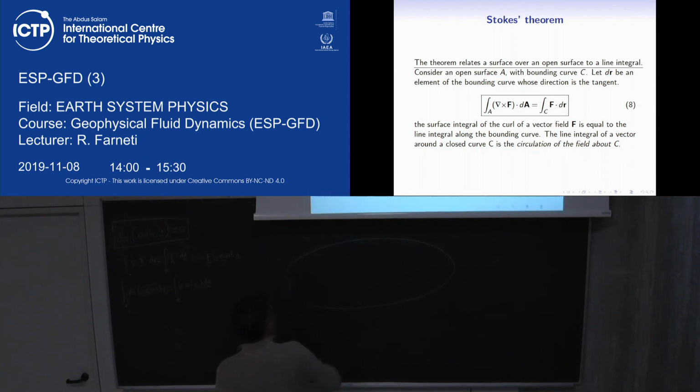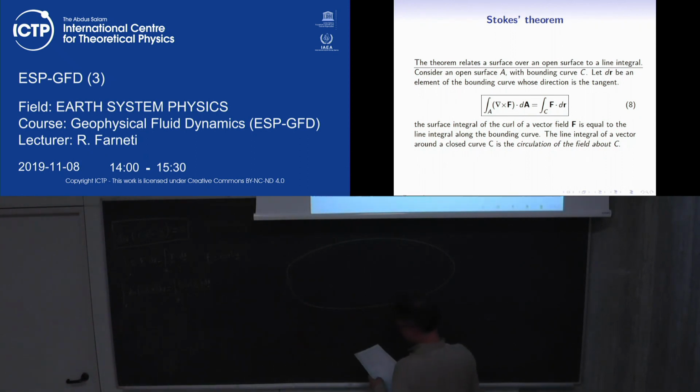Now let's take a big potato with some volume V, and we're going to split it into two. This should actually be just one cut, but I'm showing two separate cuts.